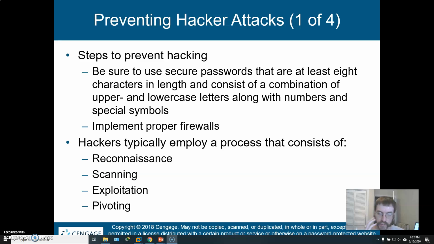Implement proper firewalls, implement proper network intrusion detection, implement proper data loss prevention on the perimeter, or even the internal perimeter, say DMZs. Think about who needs to use said software-defined data center.